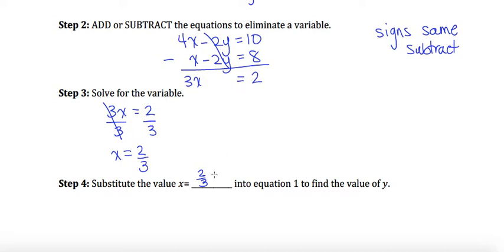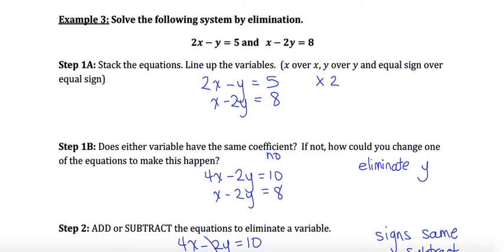Now we're going to substitute x equals 2 over 3 into one of the equations from step number 1. So I'm going to put it into one of my original equations. It doesn't matter which equation you put it into, whether equation 1 or 2. I'm going to put it into equation 2 because I don't have to multiply anything by that x. That's something that you might want to do. Or you could put it into equation 1.